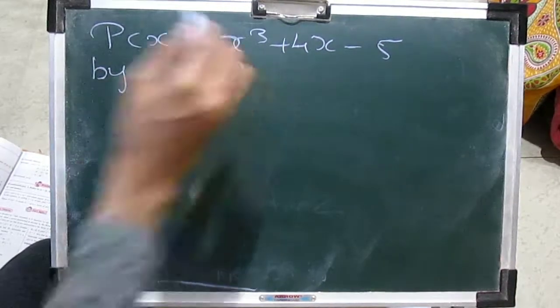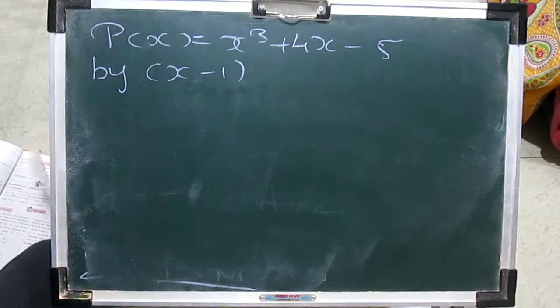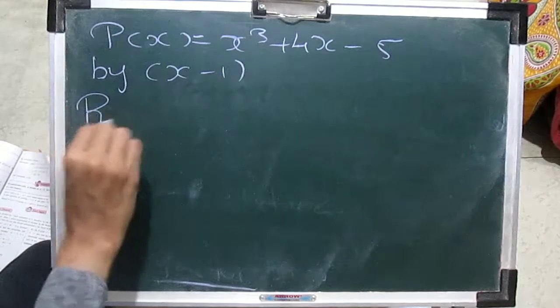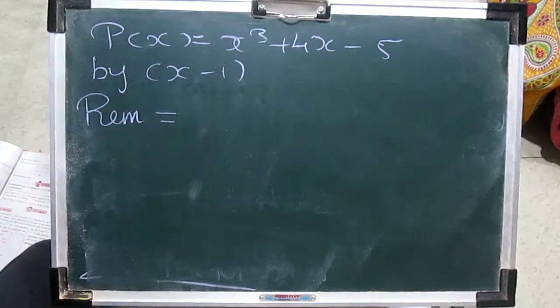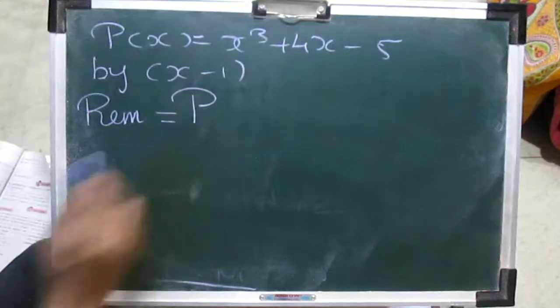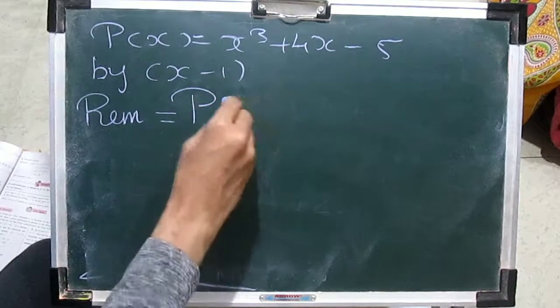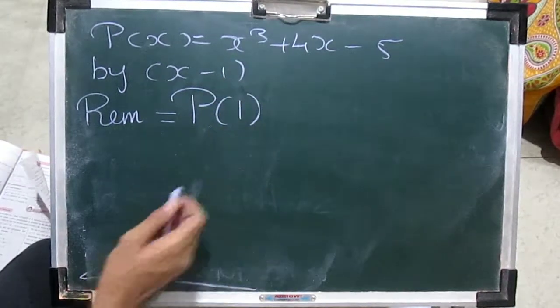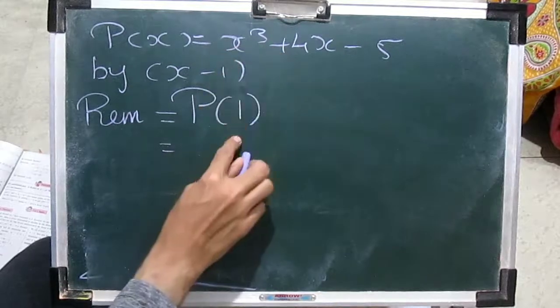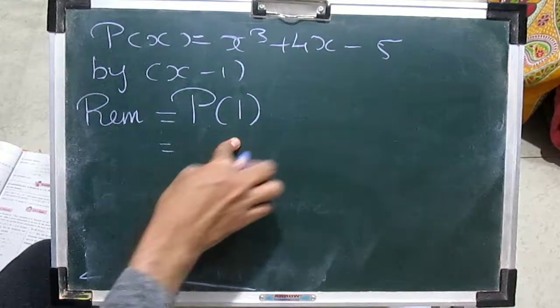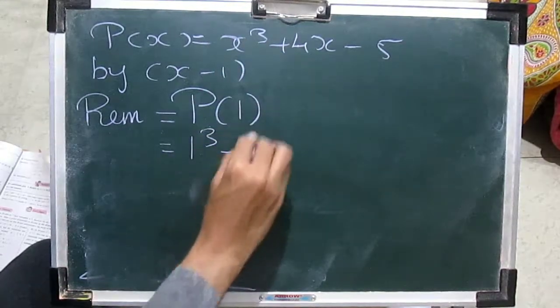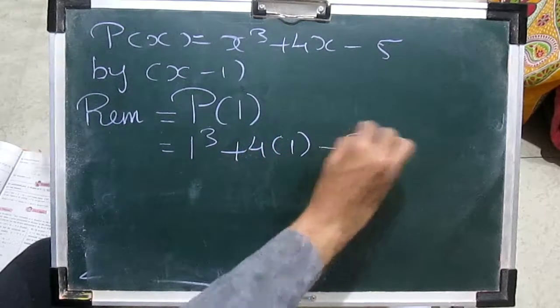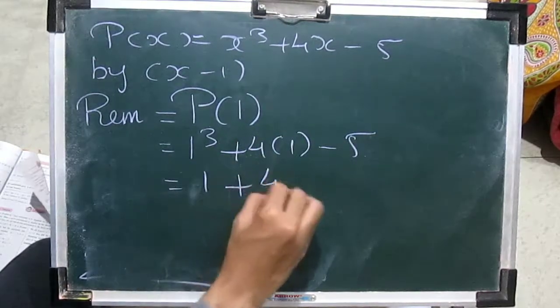Suppose I am interested in just the remainder, which they have asked also. So what is the remainder? The remainder is equal to p at the point, which is minus minus 1, so I will take plus 1, p at 1, correct? Let's see what it is. On the place of x I am supposed to substitute 1, so it is 1 cube plus 4 times 1 minus 5, so it is 1 plus 4 minus 5, which is 0.